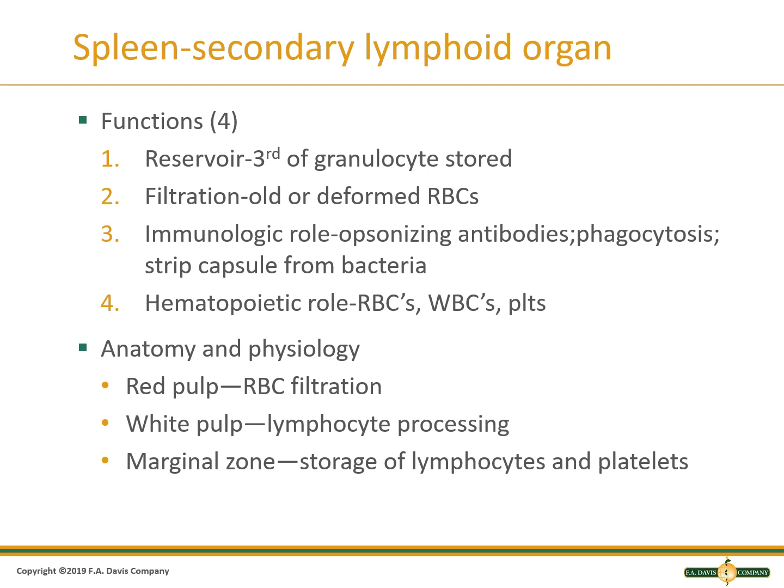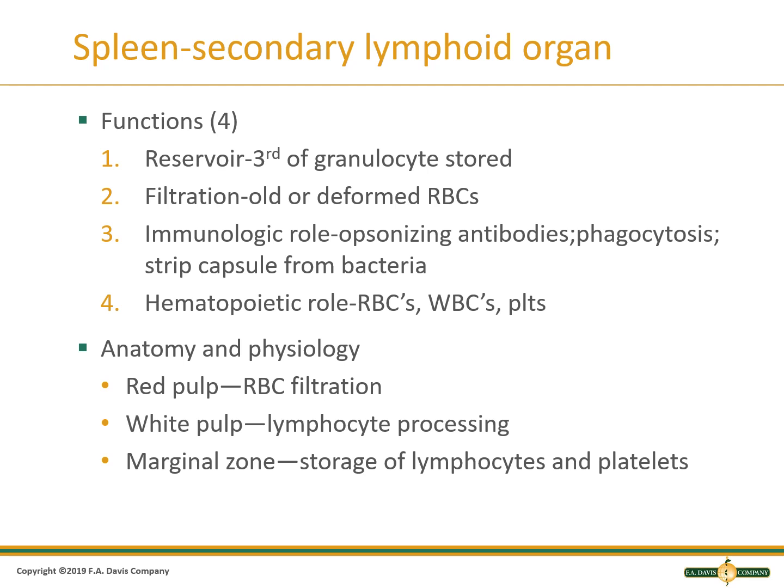And lastly, it has the hematopoietic role when it comes to red blood cells, white blood cells, and even platelets. As we've already discussed, it is part of the process from 2 weeks to 2 months, and in utero, and eventually it switches over to your bone marrow. However, it still can be considered a backup if there are any issues with the bone marrow.